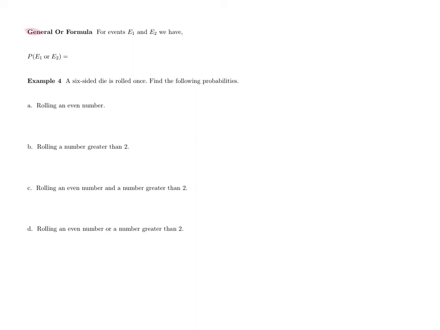So here is the general formula for OR. Whether the events E1 and E2 are mutually exclusive or not, it's basically the same thing. It's the sum of the two probabilities, E1 and E2, but you want to subtract off anything they have in common. And the way you would express that is E1 and E2.